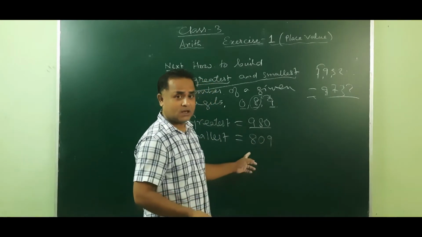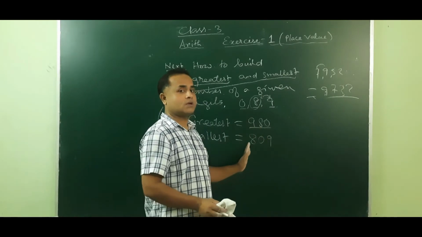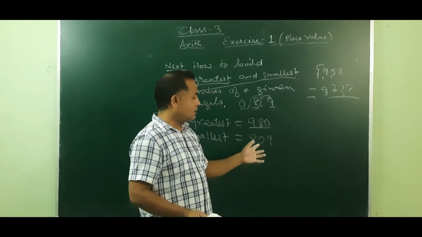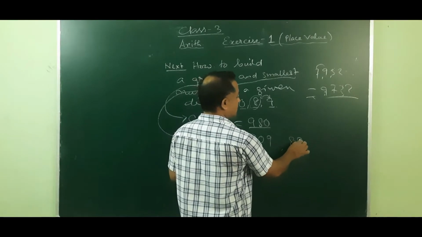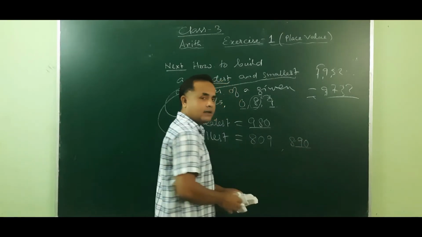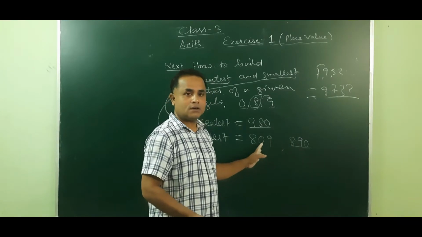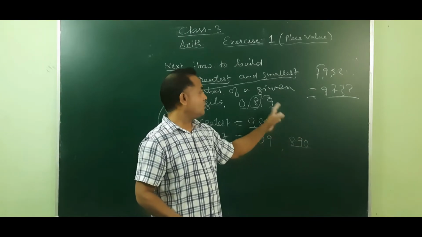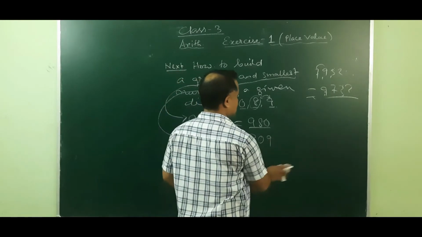So it has a meaning. That means 800, the name 100 comes out here. So 809. If I don't change this one, and write like this, it becomes 890. So 809 is the smallest of these two possibilities of these digits. So we will write this one, not this one.